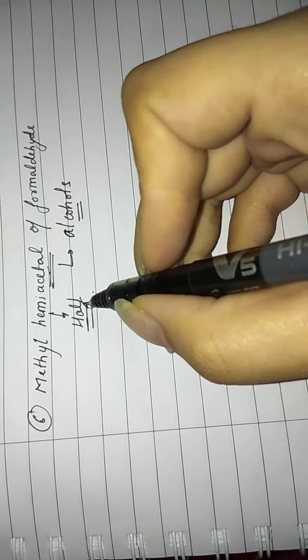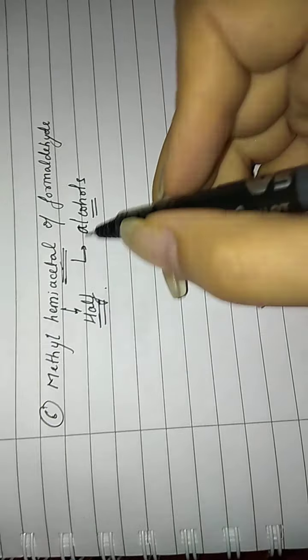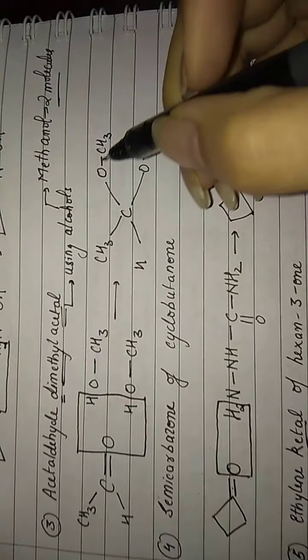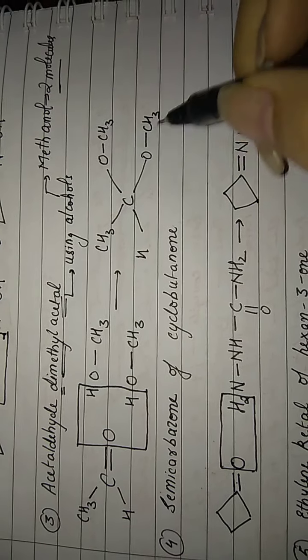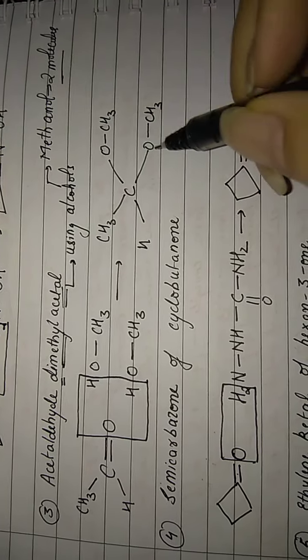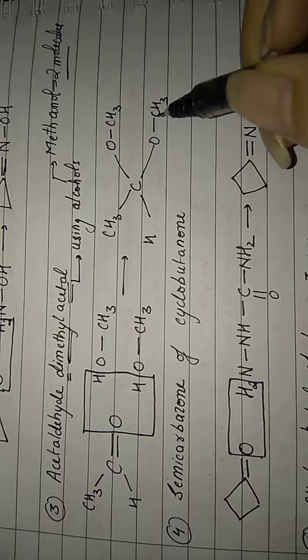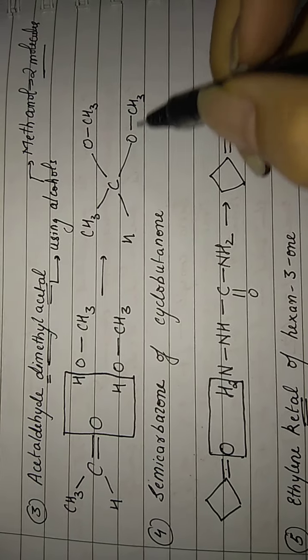That means I have to form a half acetal, not a full acetal. Now in the full acetal, what we saw was we had two OR groups over here, right? This was a full acetal where you got two OCH3 groups. That means OR groups, right? Now in a hemiacetal, you will get only one OR group.